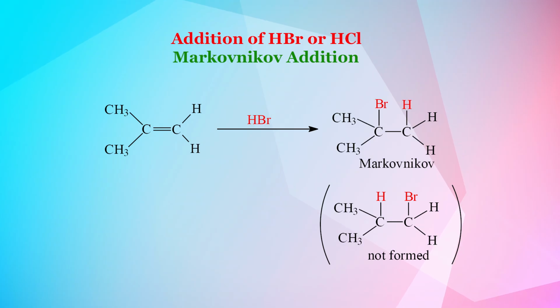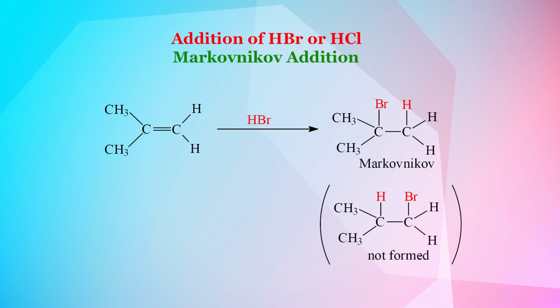The hydrogen goes to the carbon already having more hydrogens, or we can say that the negative part of the reagent goes to the carbon attached to fewer hydrogens. So Br will go to the carbon which is attached to 2 carbons. This is what the reaction is.